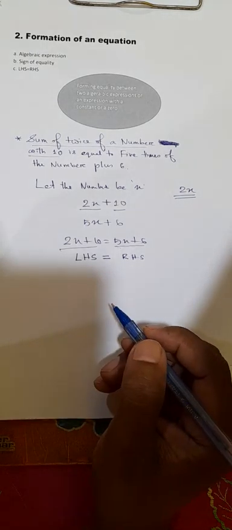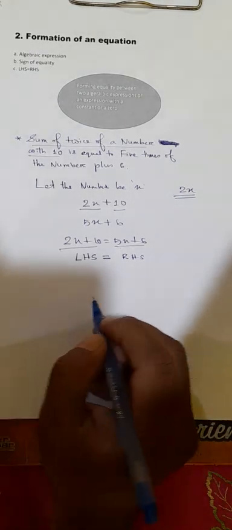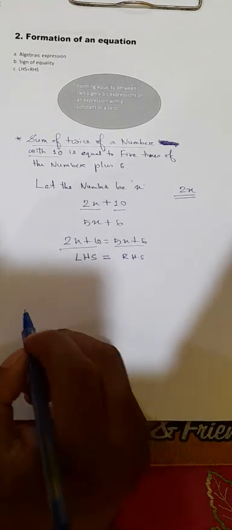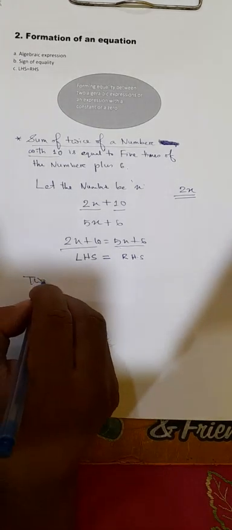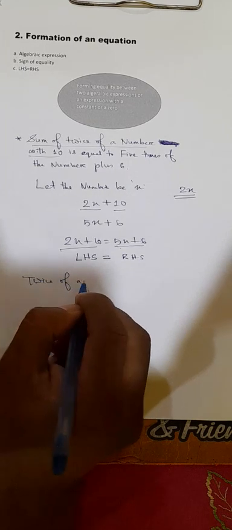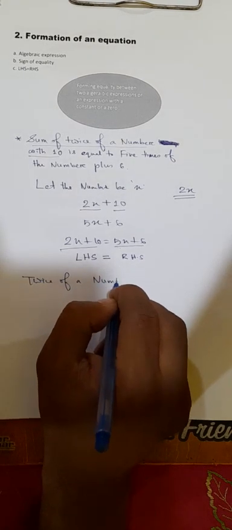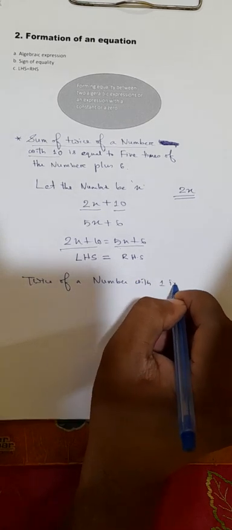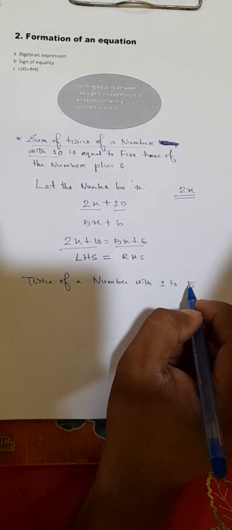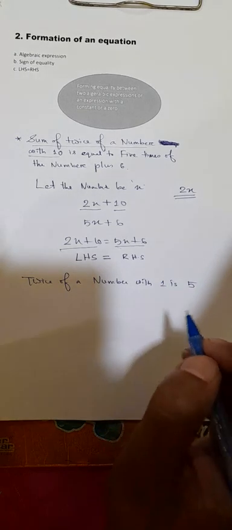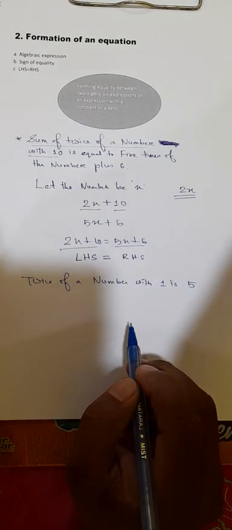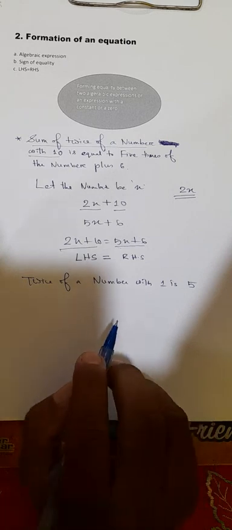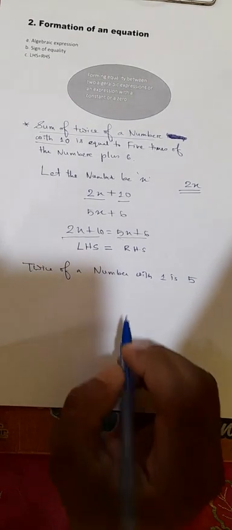Next we will try to form another equation. Say for example, twice of a number with 1 is 5. Sum of the twice of a number plus 1 is 5. So how to form an algebraic expression from here?